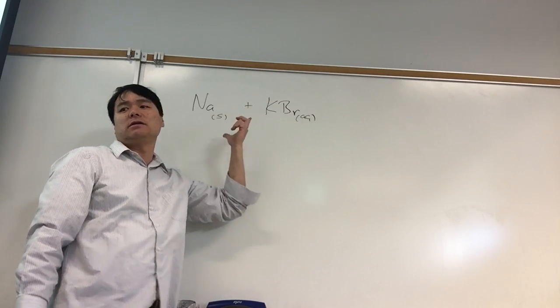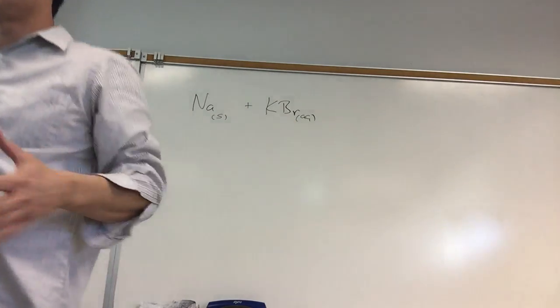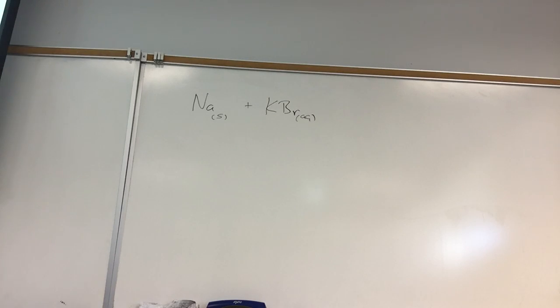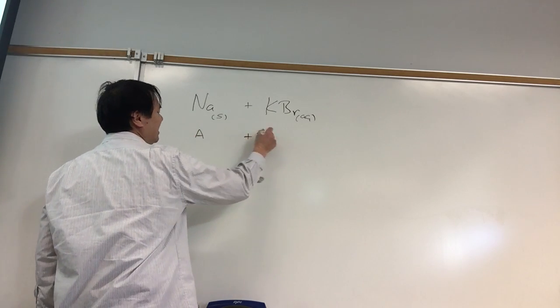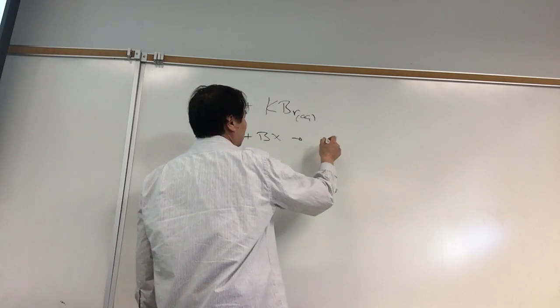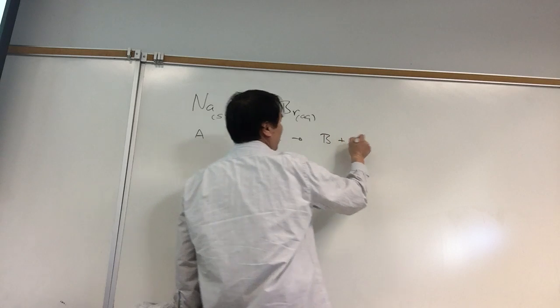And so that means if sodium is soluble in water, we could write it solid or AQ. But anyway, this particular reaction, I like this because it should be simple. It falls into the A plus BX, single replacement form, right? A plus BX yields B plus AX.